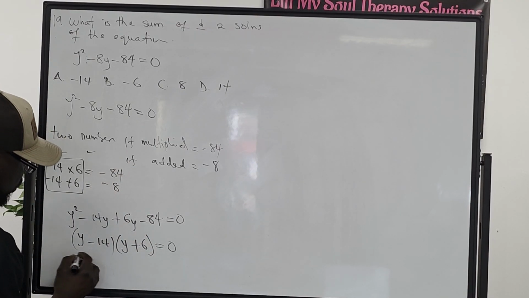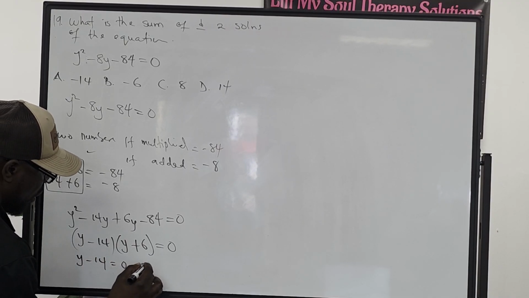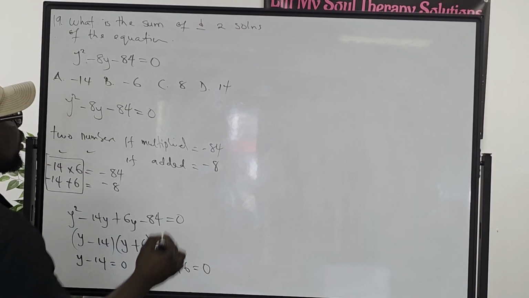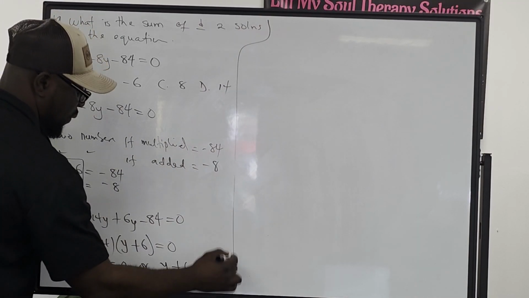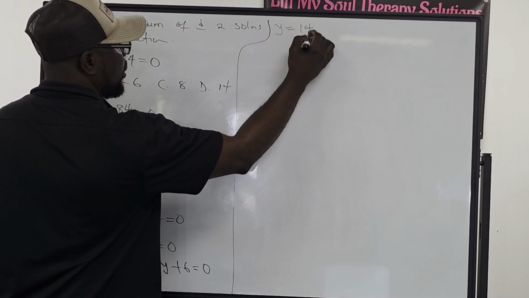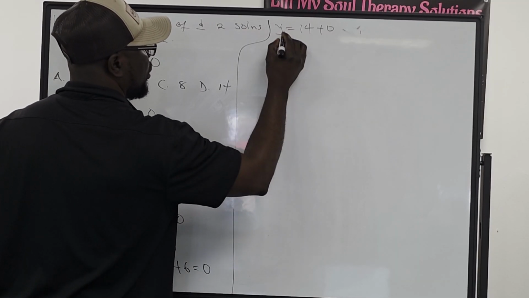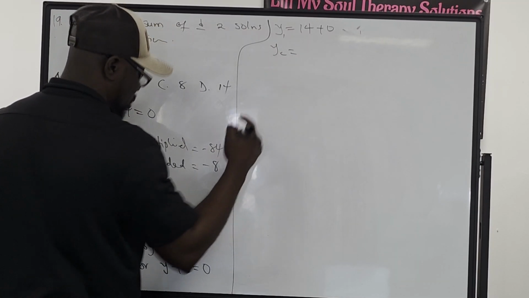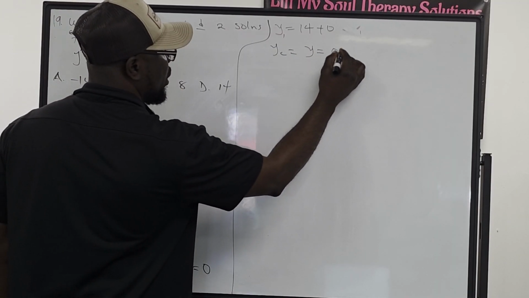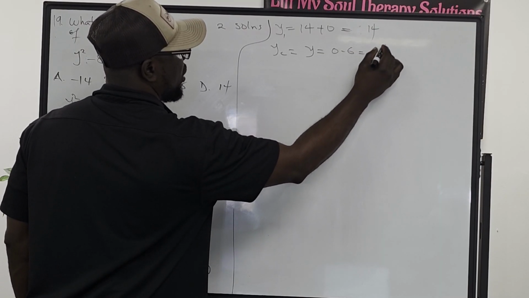So that becomes y minus 14 equal to 0, or y plus 6 equal to 0. Now you can find the solutions: let me call them y1 and y2. y1 is equal to 14, and y2 is equal to minus 6.